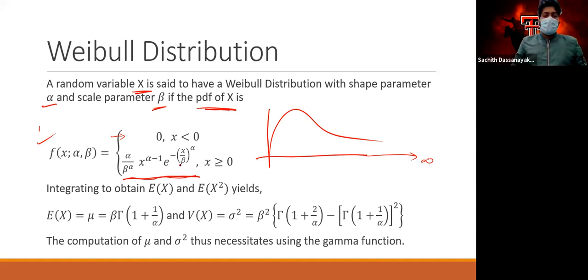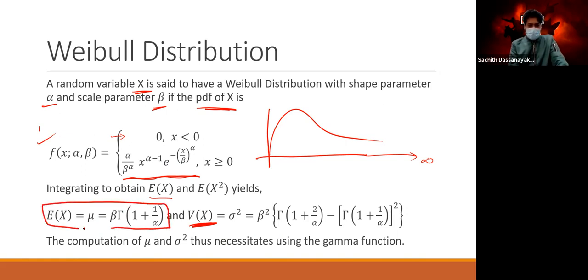Okay, so you can find expected value and variance simply by integrating this PDF. Here you can see this is the expected value of x, which means the mean of the Weibull distribution, or simply we call it expected value.